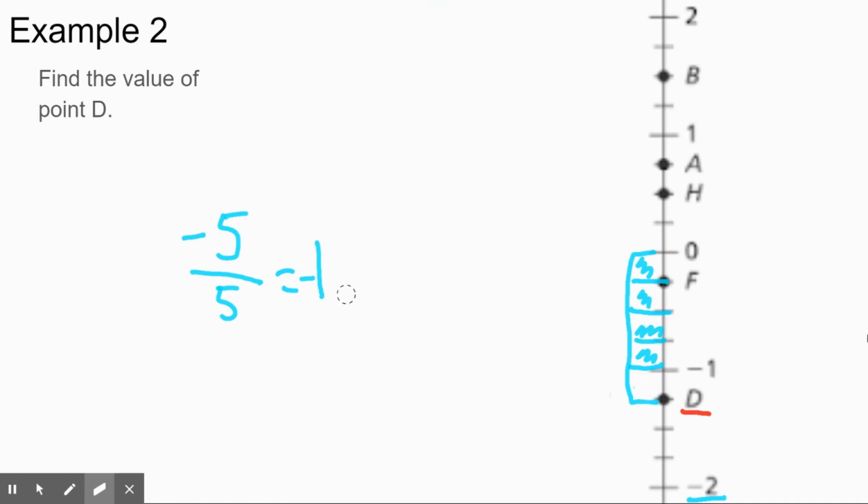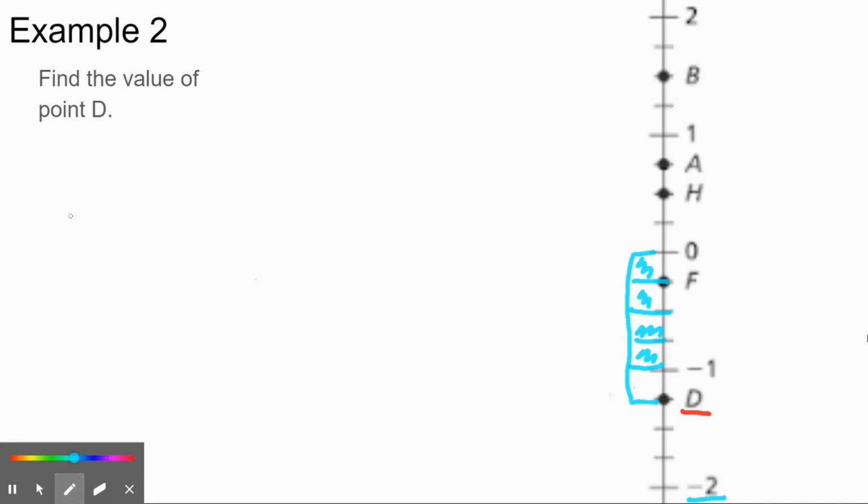Instead, what we can do is we can say, well, it has to be at least -1. So we can just write down a -1 to start with. And then we can just go from here. If we look at the distance between -1 and -2, we can again break that distance into fourths.